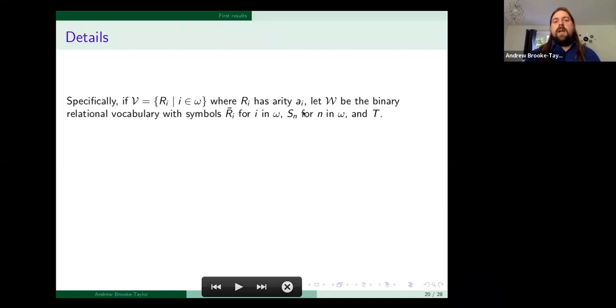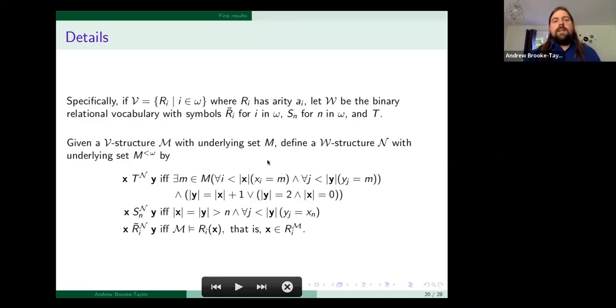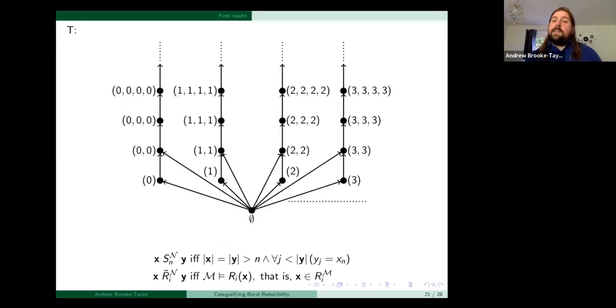I'm going to have things I call Sn, and then we've added a final binary relation T. And then I want to define from a V structure M, a W structure N, defining Ri, Sn, and T in this way. Don't bother reading that. Here's the picture, at least for T. This binary relation T is on arbitrary tuples, but it's only ever mapping between constant tuples.